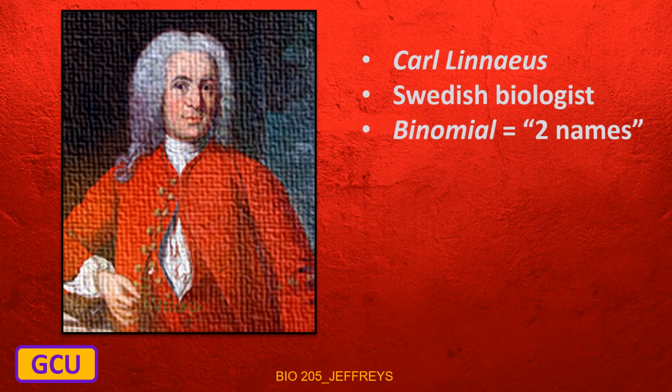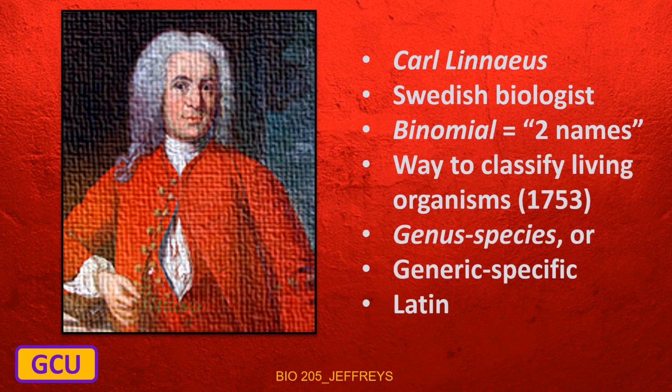We have to begin by giving credit where credit is due. It was Carl Linnaeus, a Swedish biologist and physician, who came up with the genus species formula for naming living organisms. That was way back in the mid-1700s, and we still use that system today.